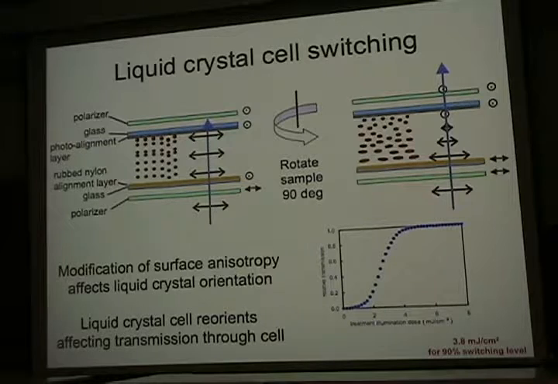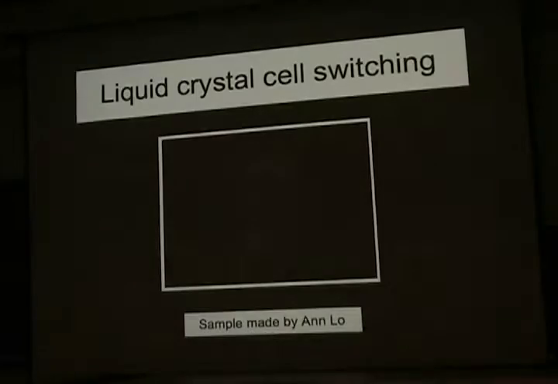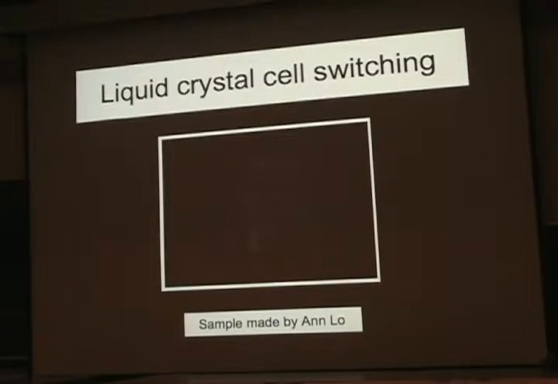If you rotate that cell with respect to the polarization, you can change the transmission through the liquid crystal cell. I've got a little video of that. A lot of you have seen this demonstration in real life. This is the schematic interpretation of it, but nobody's seen the movie, so I've got a little movie. This cell was made by Ann Lowe, a new student in our group down at Mines.